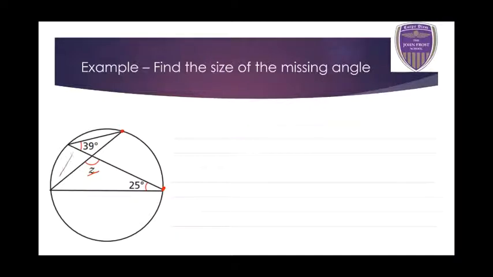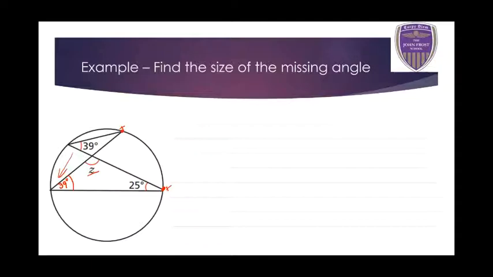Now I can also see that this angle here, its two lines also meet at this point of the circle, and they also meet at this point of the circle. That must mean that this angle here is also 39 degrees, okay?